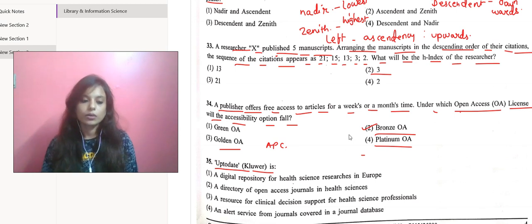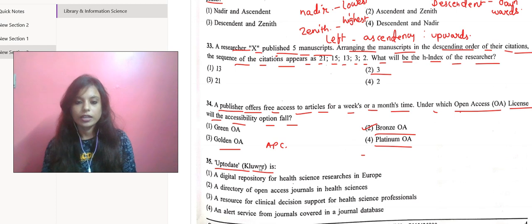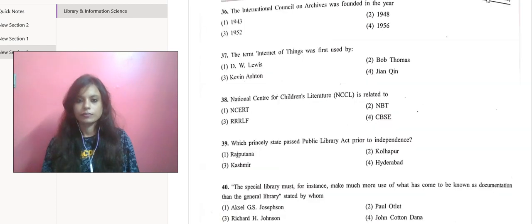Wolters Kluwer is a global leader in professional information, software solutions and services for the health, tax and accounting, governance, risk and compliance, and legal and regulatory sectors. So our answer would be number 3. Let's move over to the next question.